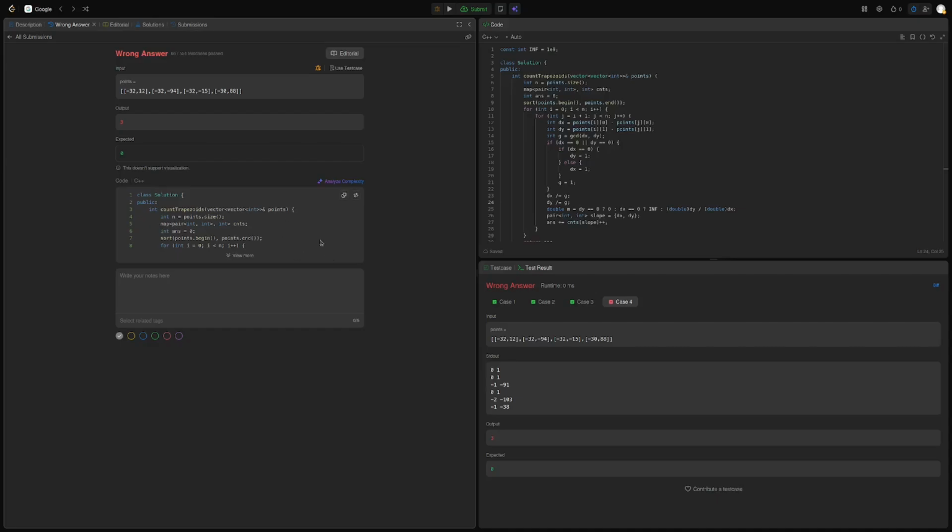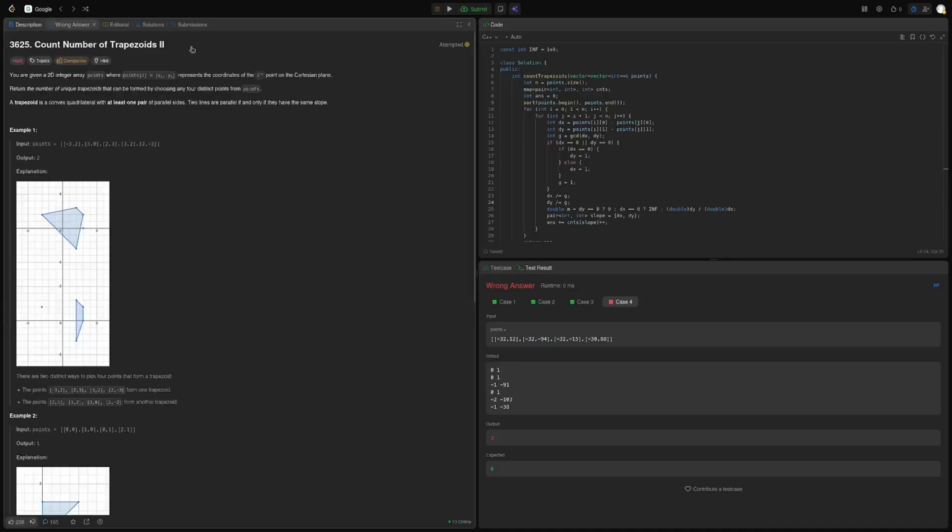But that's okay. But what if I would have 4 points in a straight line? How do I remove those cases?